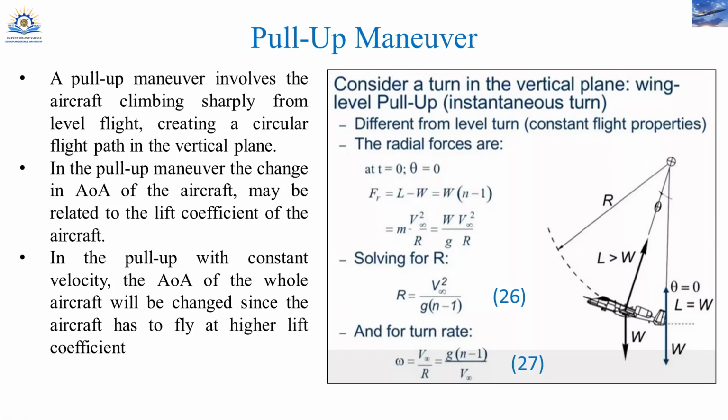So the line equation of this is Y equals AX plus B: CL is equal to CL alpha times alpha minus alpha naught. So that gives us the relationship between CL and alpha.